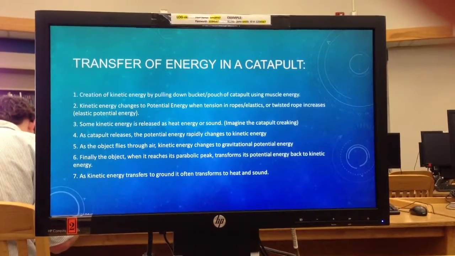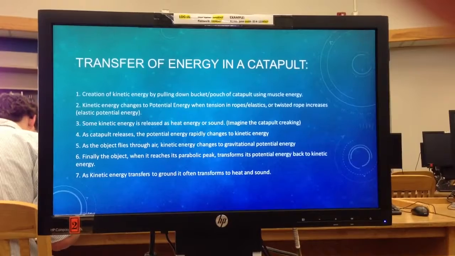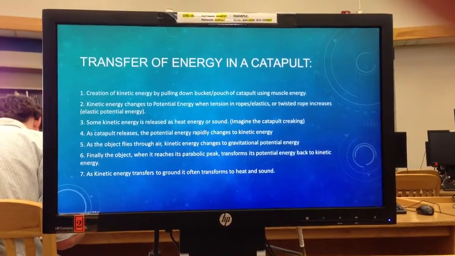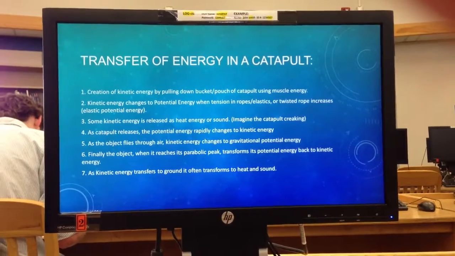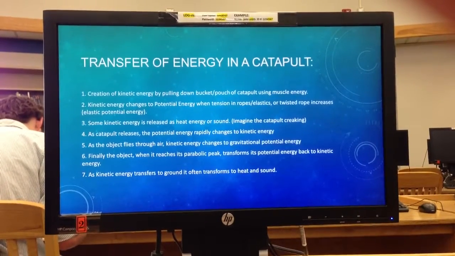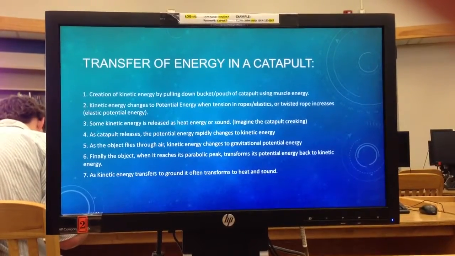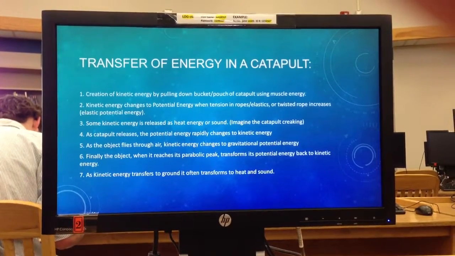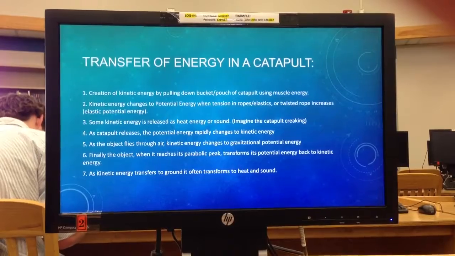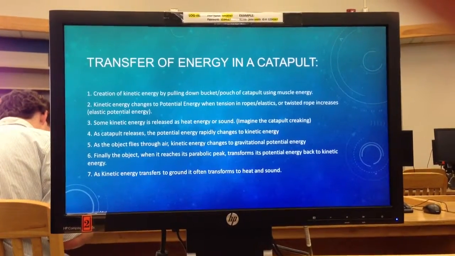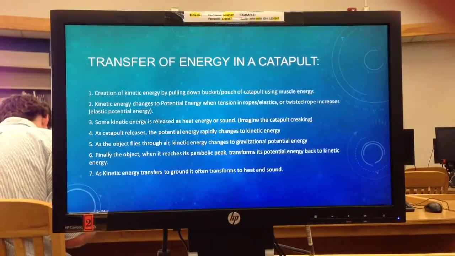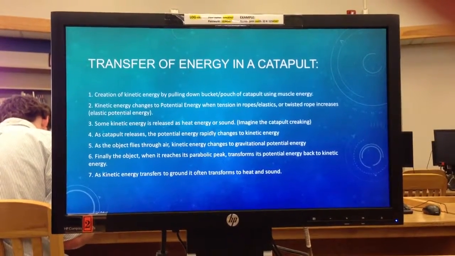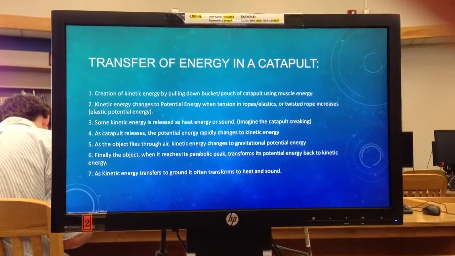So this is how the transfer of energy works in a catapult. First, there's the creation of kinetic energy by pulling down the bucket or pouch of a catapult using muscle energy. Then, kinetic energy from the muscle energy changes to potential energy when tension in the ropes or elastics or twisted rope increases. And then, some kinetic energy is released as heat energy or sound, like, for example, if the catapult creaked.